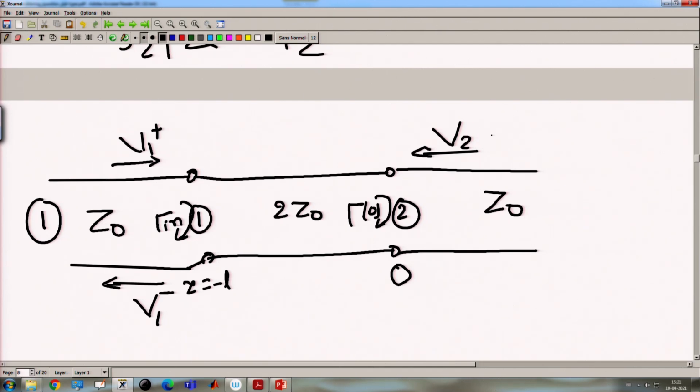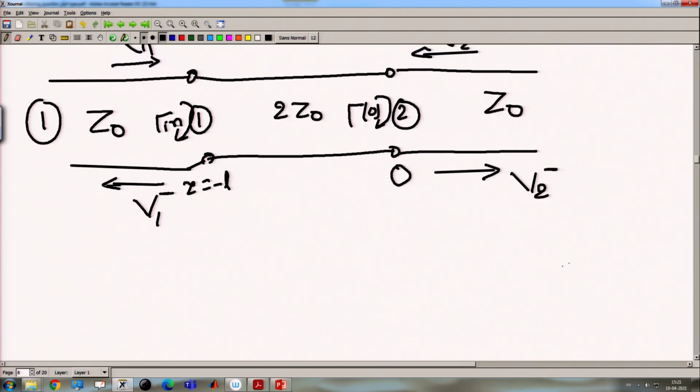So, there will be no reflection from this, that means V2 plus equals 0, and V2 minus.